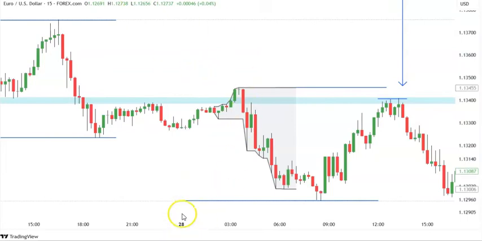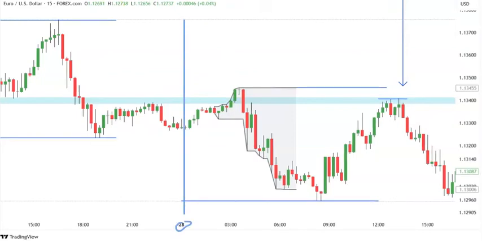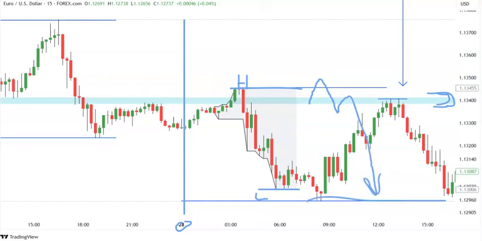What we did see here at the start of the trading day yesterday, the 28th of May, was this Asian session range, the Asian session low and Asian session high here, and in combination with this 4-hourly imbalance displacement, I wanted to see a potential sweep of those Asian session highs, and then look for a potential short trade opportunity to target the Asian session lows, the daily lows down there. So this is what I wanted to see here.